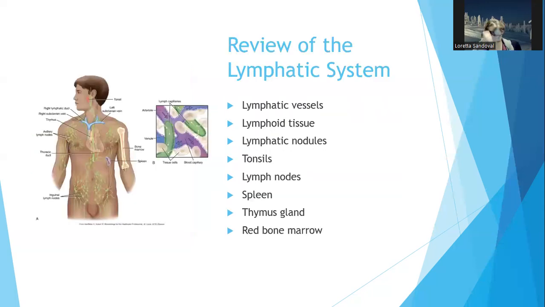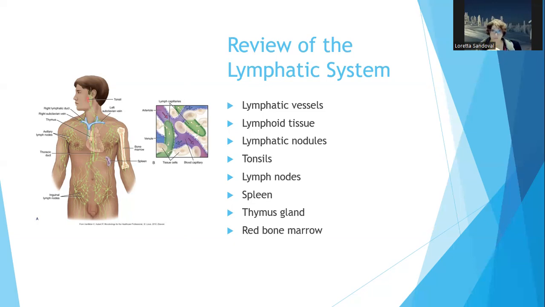So the lymphatic system consists of lymphatic vessels, lymphoid tissue, lymphatic nodules, tonsils, lymph nodes, spleen, thymus gland, and red bone marrow. So when you think about all those components, you realize that the lymphatic system has a lot of play in immune function, right?